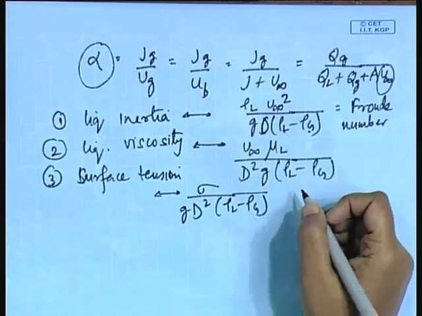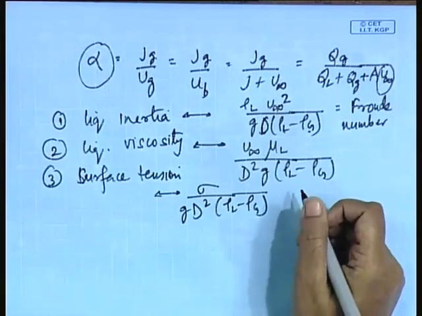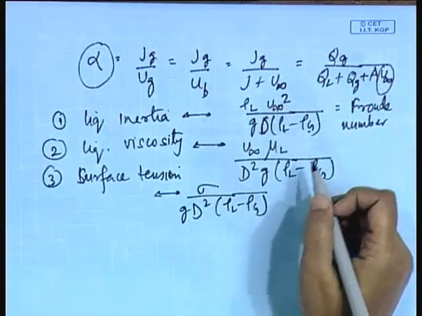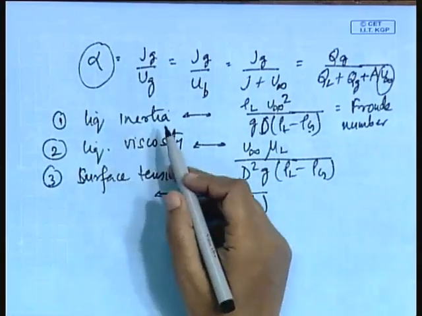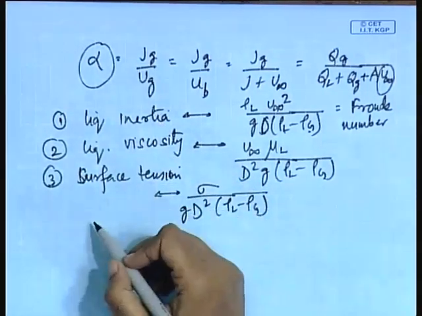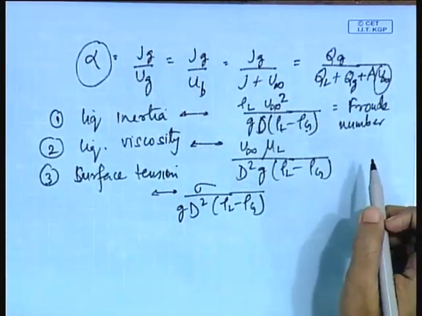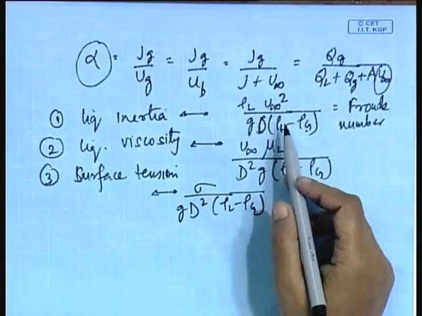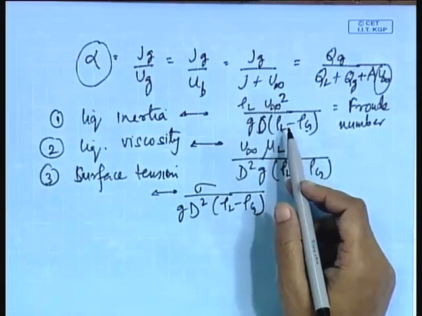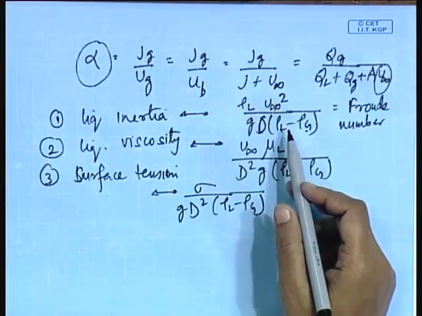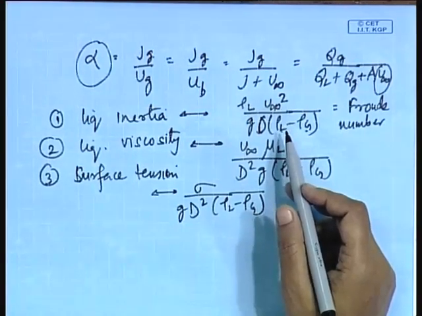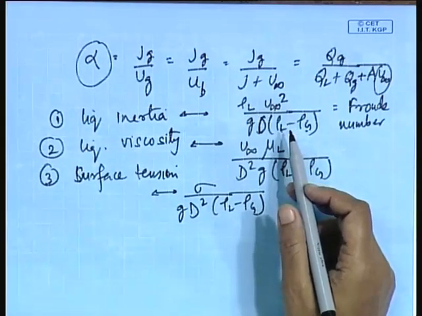Now, for a general solution, we find that the buoyant force is a function of liquid inertia, liquid viscosity and surface tension. When it is a function of all of them, then all these three dimensionless groups become important.